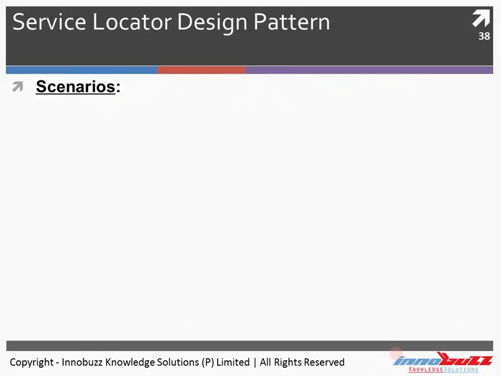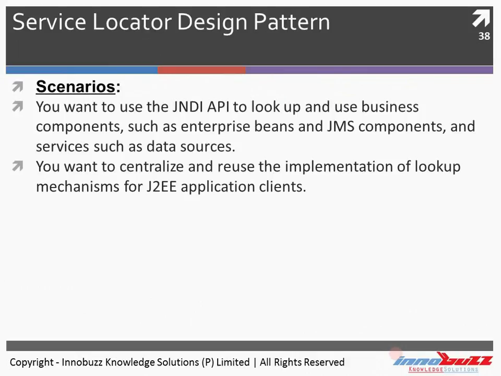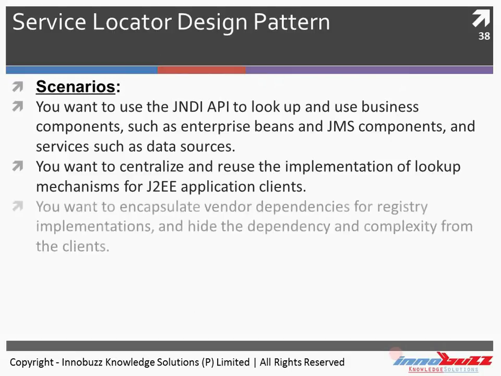let's see what are the scenarios you want to meet with the solution. You want to use the JNDI API to look up and use business components such as enterprise beans and JMS components, and services such as data sources for database connection, web services, LDAP, and many more. You want to centralize and reuse the implementation of the lookup mechanism for J2EE application clients.